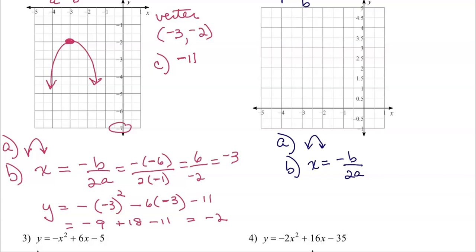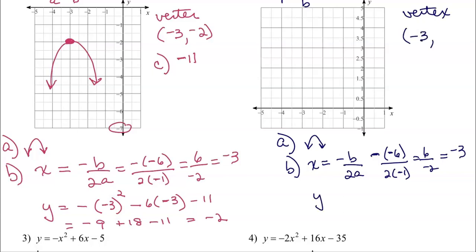So negative b is negative of a negative 6. 2a is 2 times negative 1, just like last time. That's going to be 6 over negative 2. Once again, that x is negative 3.